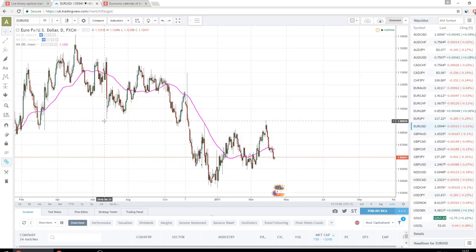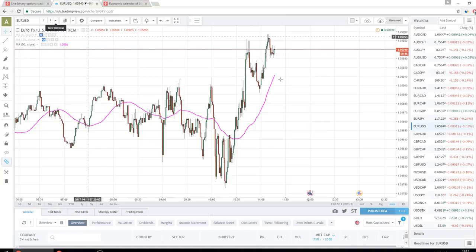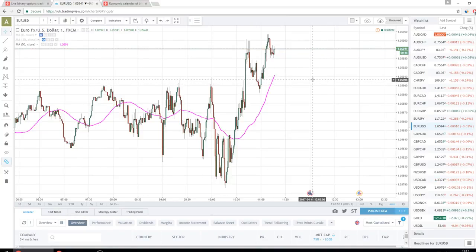So basically you can use it for different periods, because the moving average is such an indicator that helps us to understand the trend and the current changes of the smoothed data.